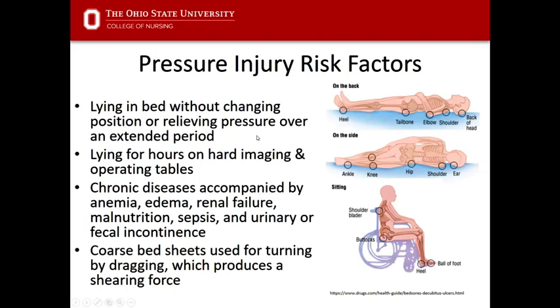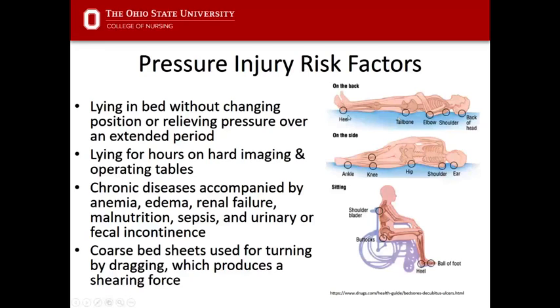So, lying in bed without changing position or relieving the pressure over an extended period, lying for hours on hard imaging and operating tables. Hours, as in, some surgeries take up to 12 to 16 hours. And the areas that are going to be at risk are the areas over bony areas.